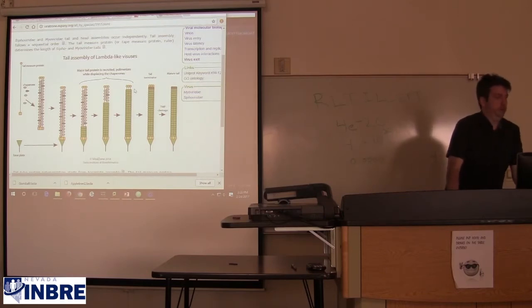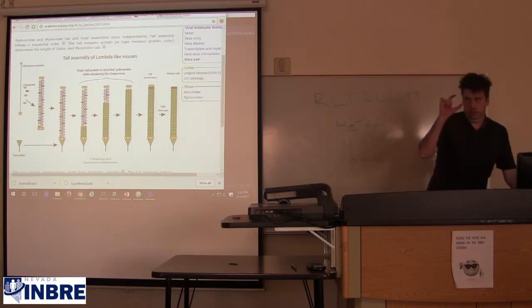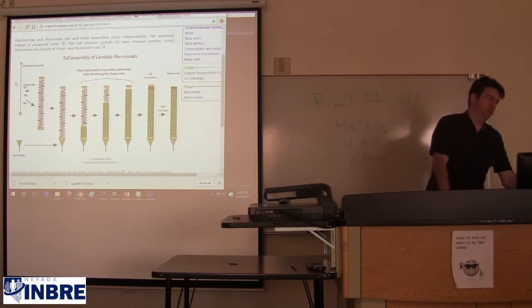You have this really long tape measure protein that chaperones come along and start globbing themselves onto, and the other proteins that make that tail that we saw in the EM picture assemble into that tail. And the length of that tail is, I think, determined to a large degree by the length of the tape measure. A shorter tape measure can only assemble so many units of chaperone and so many units of base plate.